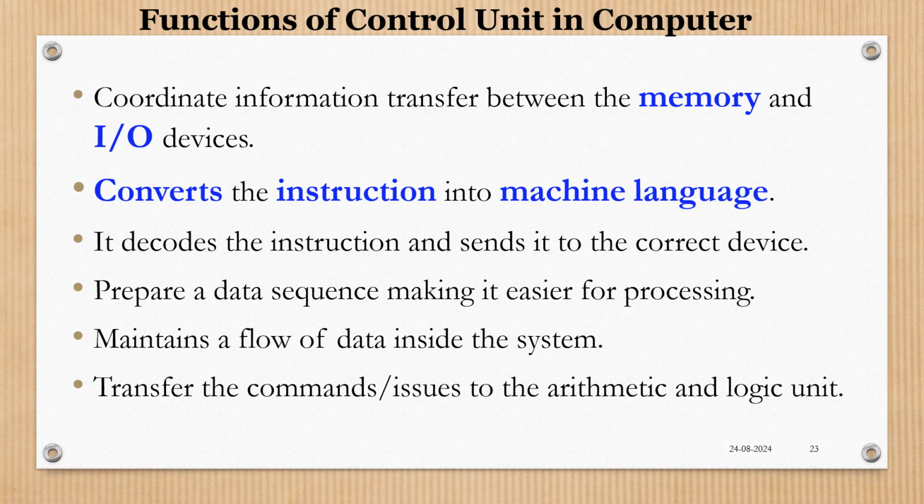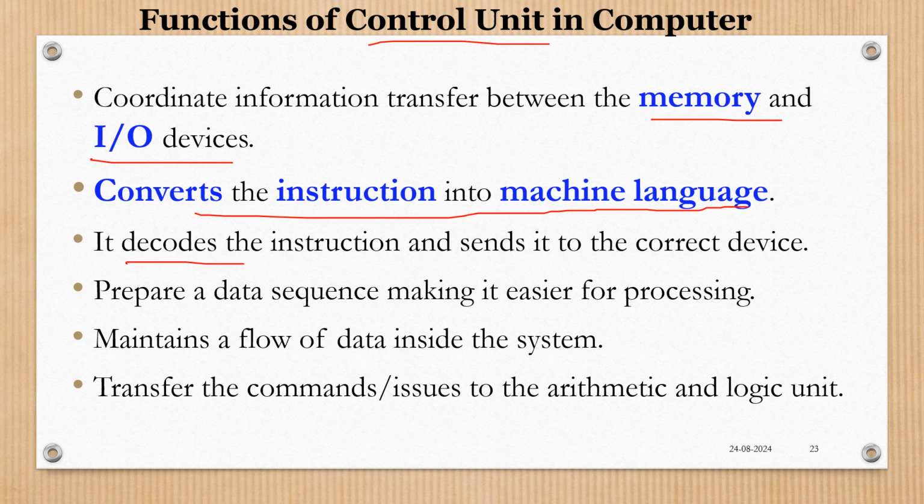So the main function of the control unit is to coordinate between the memory unit and the IO devices and convert the instructions into machine language, because the computer understands the 0 and 1 language only. So the decoding of the instructions and sending the instructions to the correct devices is controlled by the control unit.